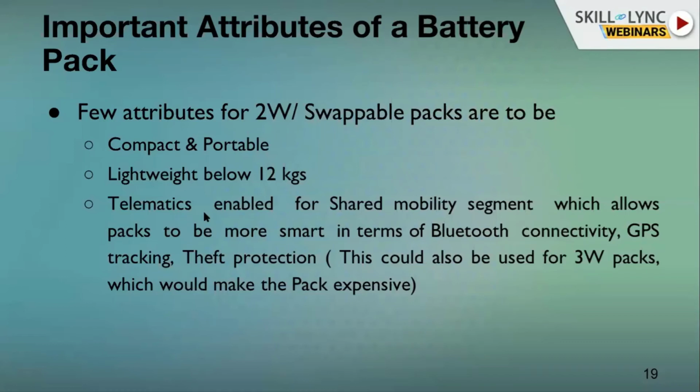So it has to be more compact and portable, with a weight of less than 12 kgs. And all these packs are enabled with GPS and Bluetooth connectivity to understand where the battery pack is, for example, if there's a charging station nearby. It's just like Uber or Ola, which use a telematics board. There is an app available; you can open the app and see that there's a charging station nearby.